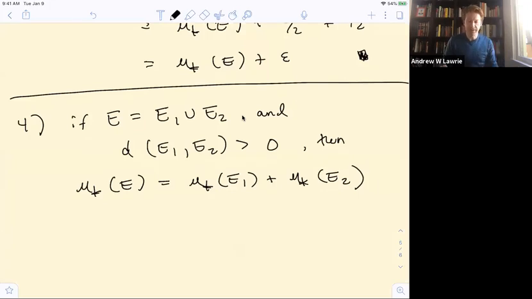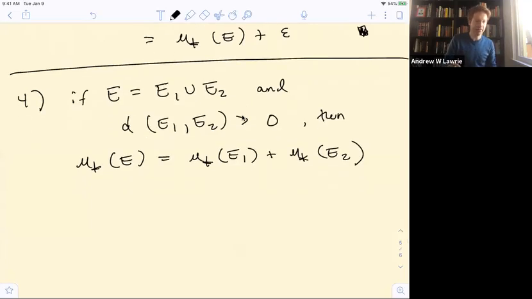So this is additivity, but when the distance between the sets is positive, then we have this additivity of the measure.